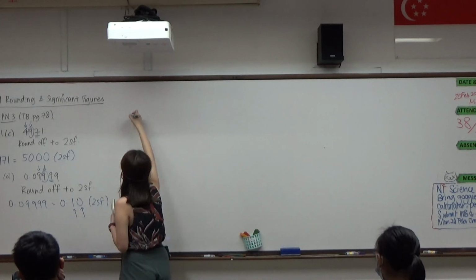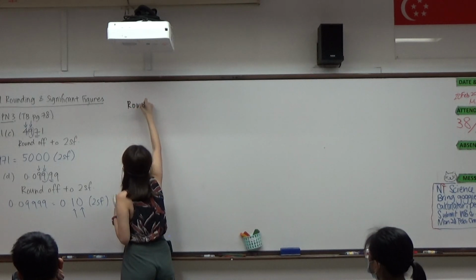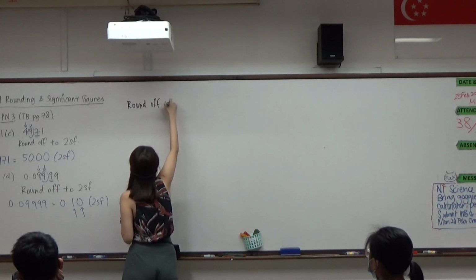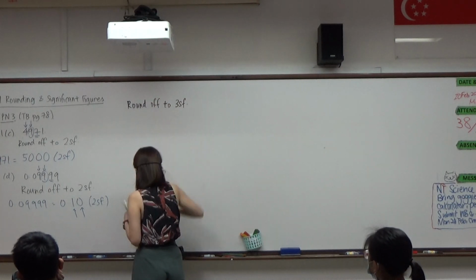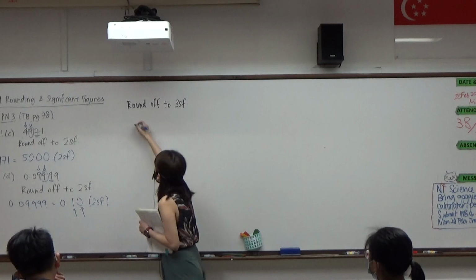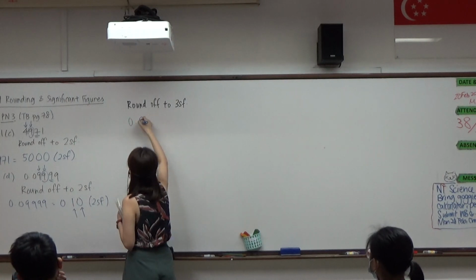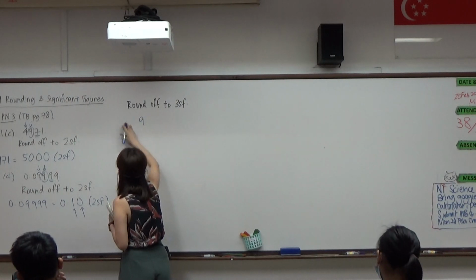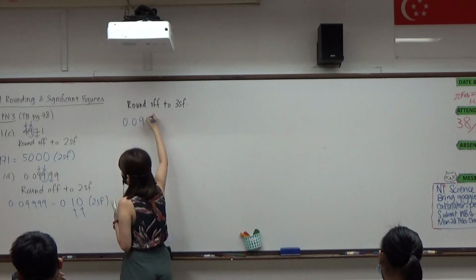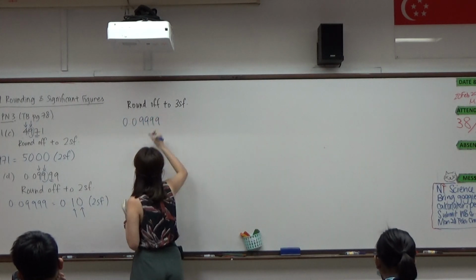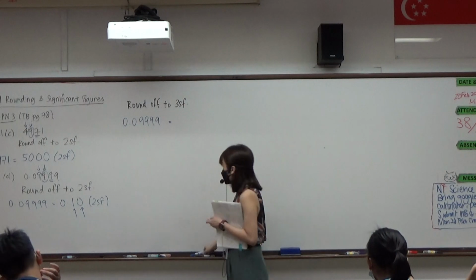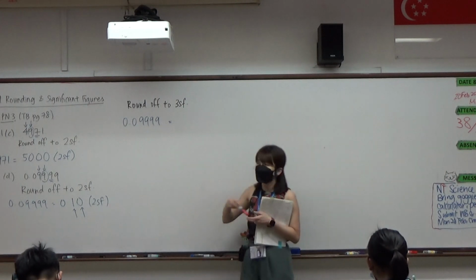Then, what if in this same question, they also ask to round off to 3SF? Okay, so with the number 0.09999, you want to round off to 3 significant figures.